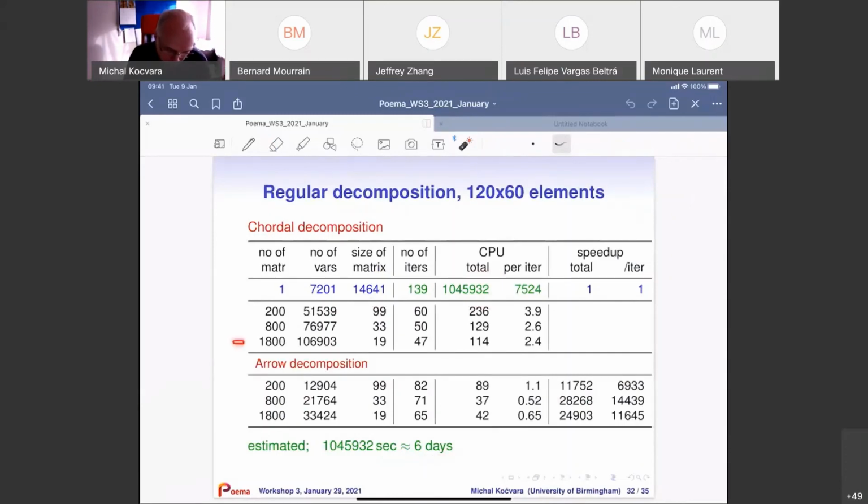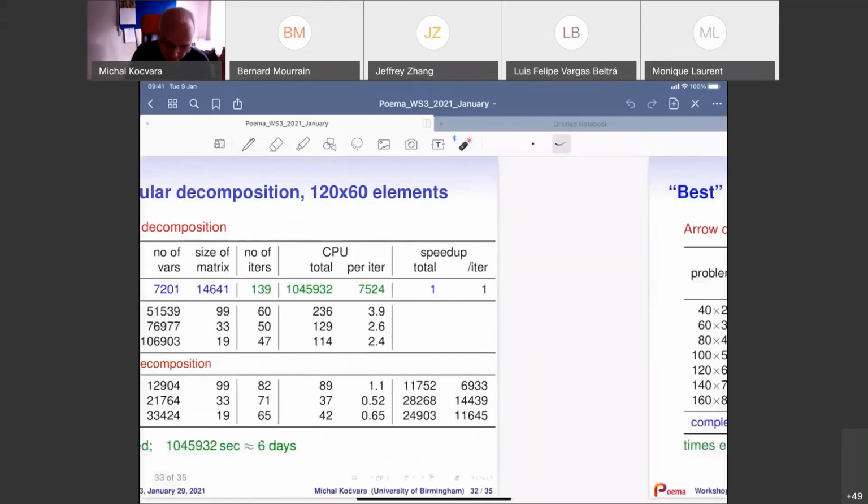Now, using the Horler decomposition, we may go down to 100 seconds, but using the arrow decomposition, we can go down to 42 seconds to solve the decomposed problem. And of course, if we can solve it in 42 seconds, we can still increase the dimension.